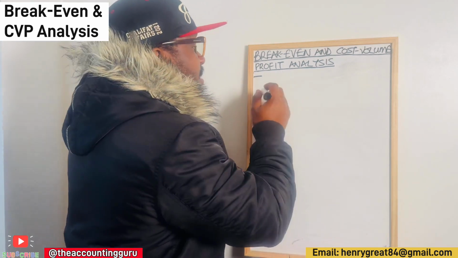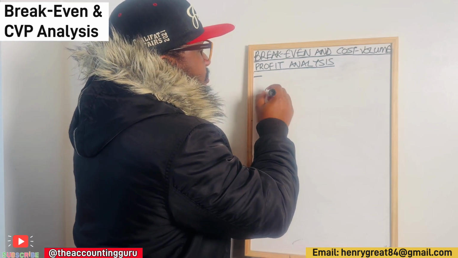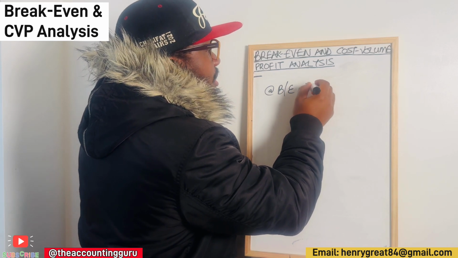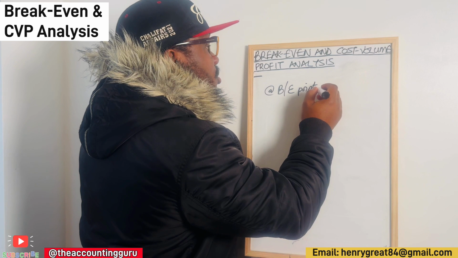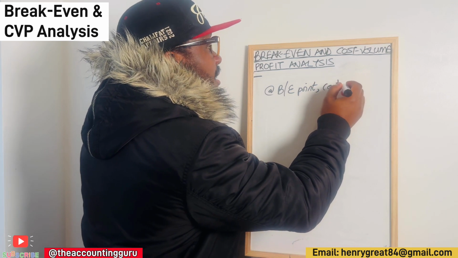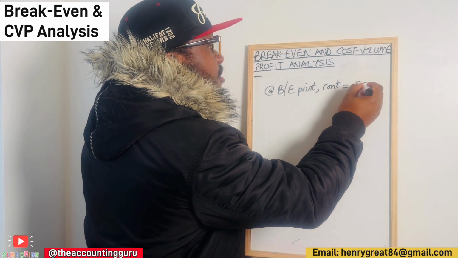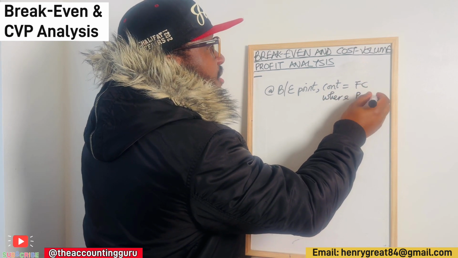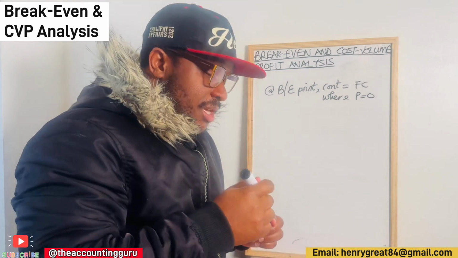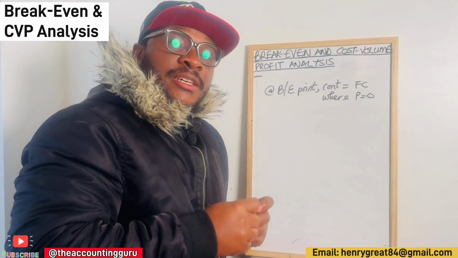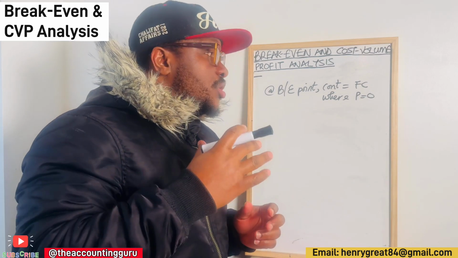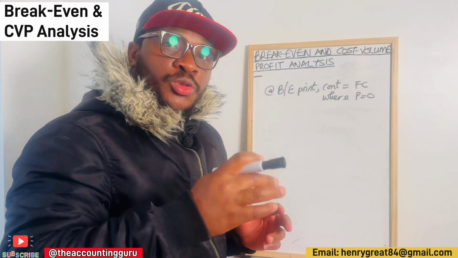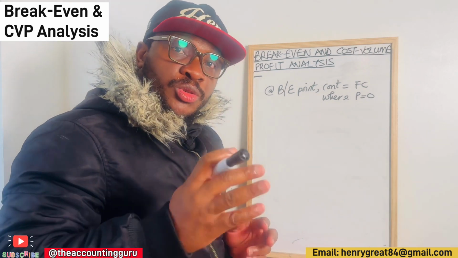So we said that at break-even point, contribution is equal to fixed cost, where profit is zero. It's important we bear in mind this fact: at break-even point, contribution is equal to fixed cost, where profit or loss is equal to zero. Please, let's hold on to this fact.